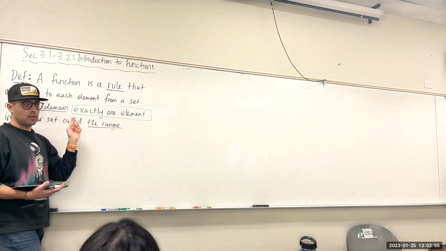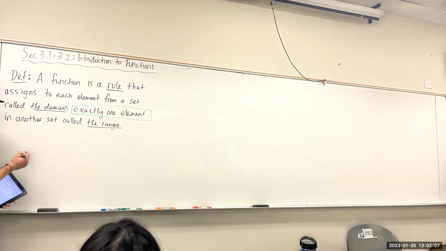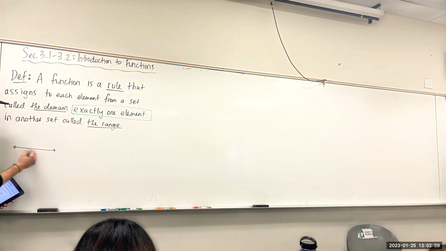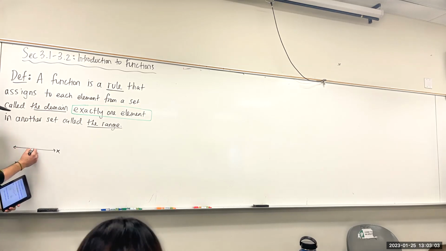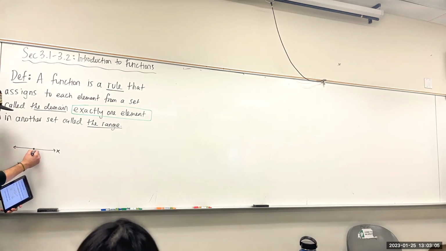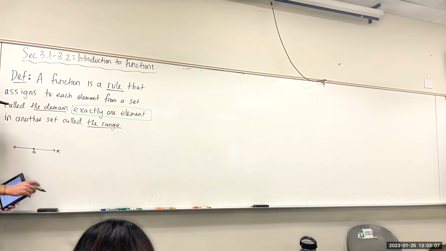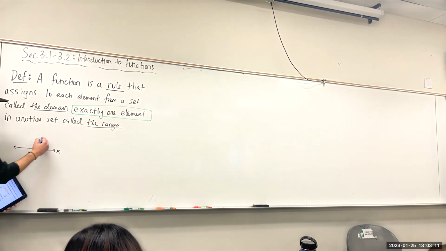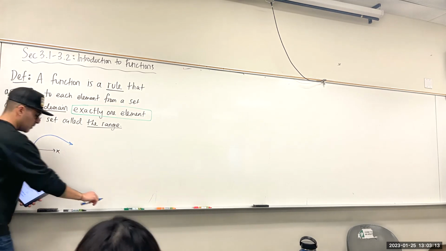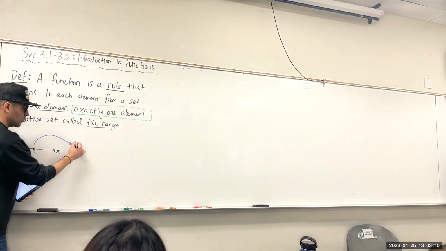Okay? And so visually, most of the time, we're going to be using X values to be our input values. Then you're going to grab a particular X value and plug it into this rule.